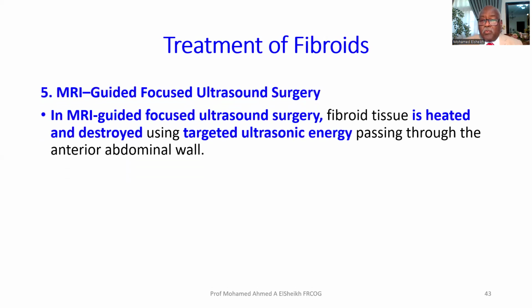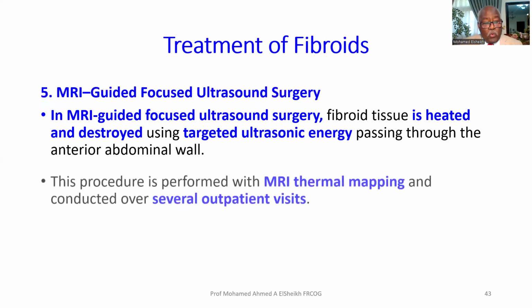The other group of treatment, as we said, the top four: no treatment, surgical and medical, and then uterine artery embolization, commonly used. MRI guided focused ultrasound surgery means fibroid tissue is heated and destroyed using targeted ultrasonic energy passing through the anterior abdominal wall.